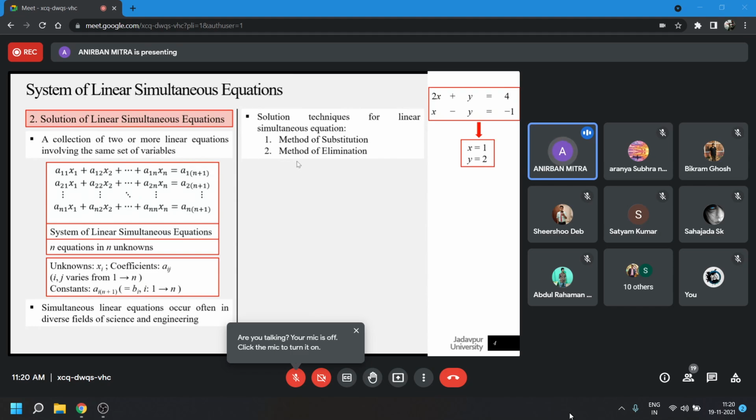What about method of elimination? We can multiply the second equation by a factor of 2, both sides. So it becomes 2x minus 2y equal to minus 2. And then you can subtract it from the first equation, so that the x variable gets eliminated.